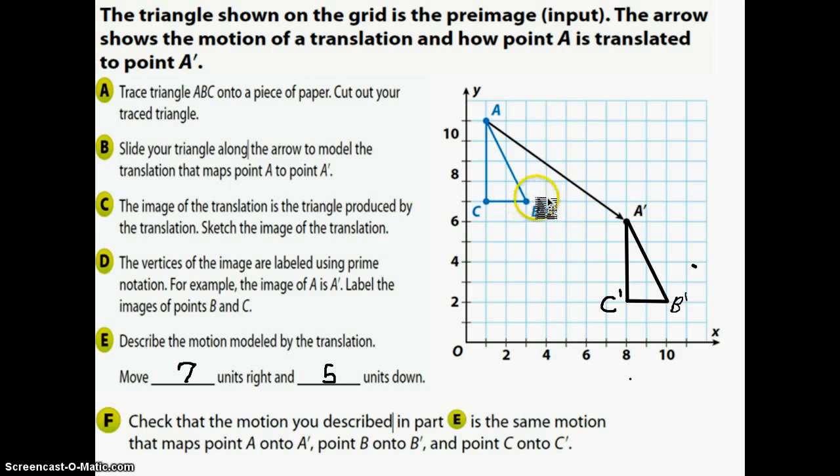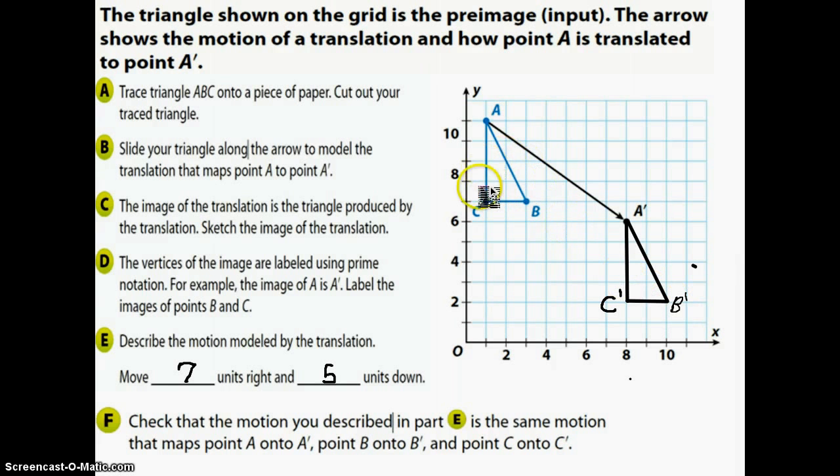And B, so let's see, what am I doing with B? Yep, let's go again. 1, 2, 3, 4, 5, 6, 7, and going down 1, 2, 3, 4, 5. That's going to give me my B prime.